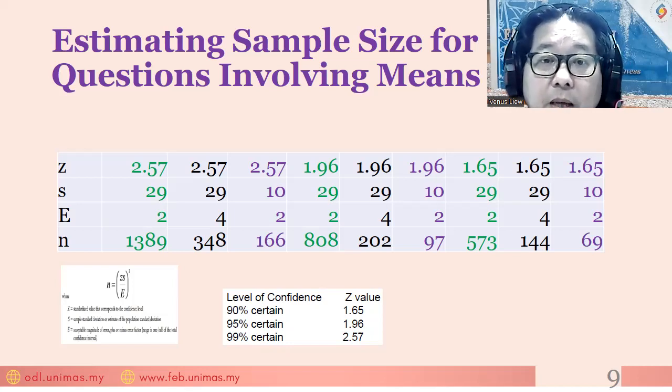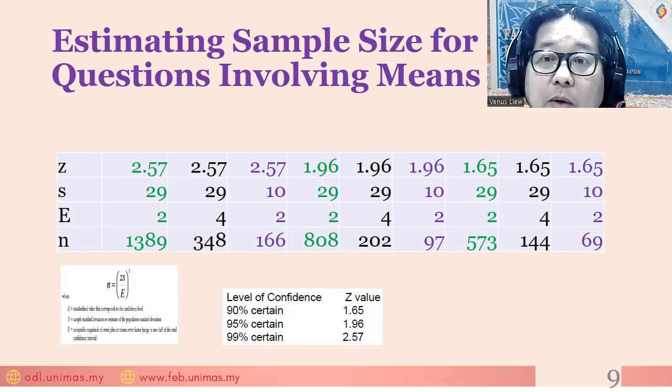Number one, be less confident. At the expense of reducing the level of confidence, we can see that if we just want 90% sure, then the Z is 1.65, and you just need 573 samples.